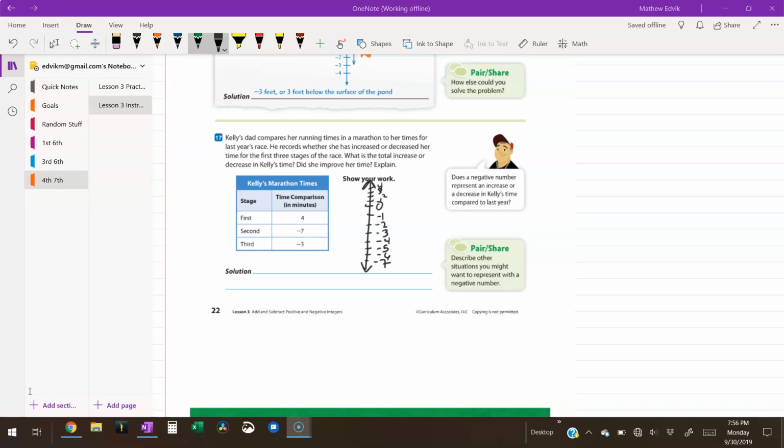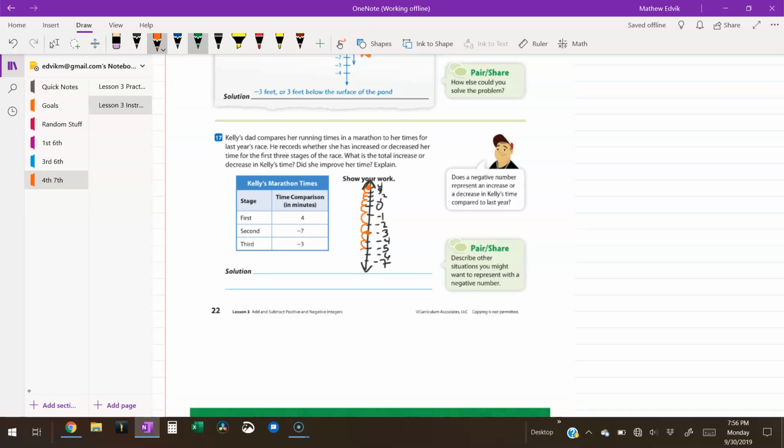Okay, so she's going to start at +4. So she's going to start right there, because that was in her first stage of the race. She was 4 minutes above, and then she was 7 minutes less. So 1, 2, 3, 4, 5, 6, 7. And then in the third stage, she was even 3 minutes less.